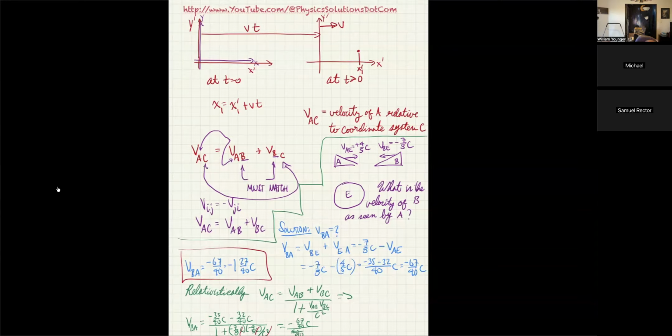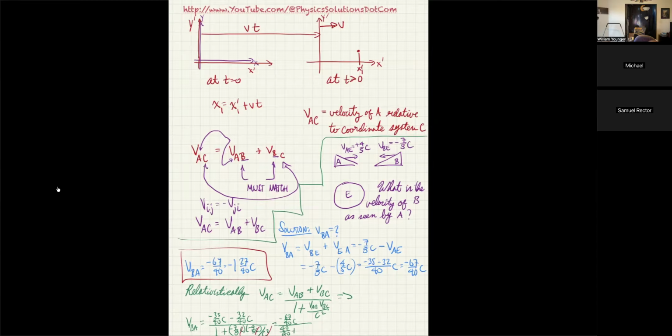That's the 1. Negative 67 over 40 C divided by 40 over 40. That's the 1. And then the minus and the minus gives me a positive.